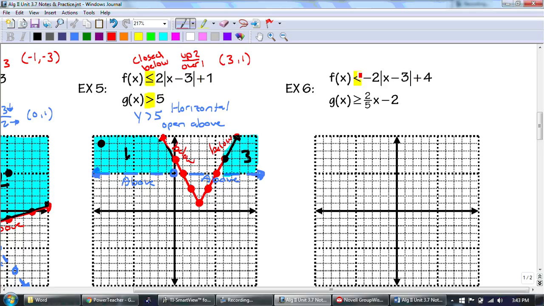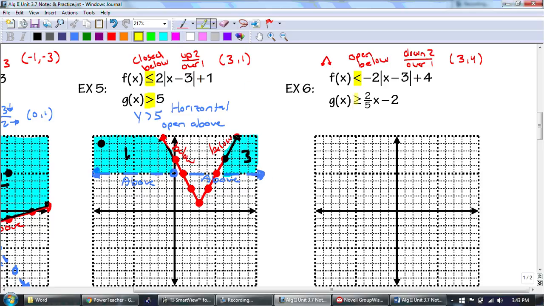So the inequality symbol is open, and it is below. That negative sign tells me that it's being reflected, so it's going down. I'm going to go down 2 over 1, and then my vertex is (3, 4).